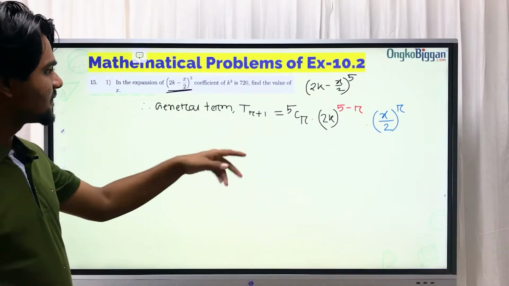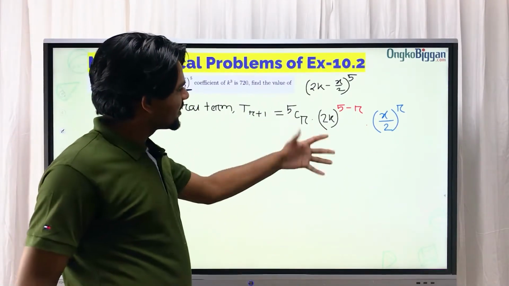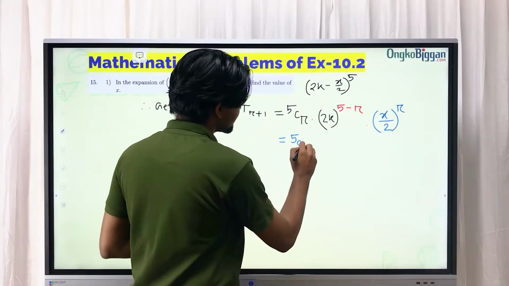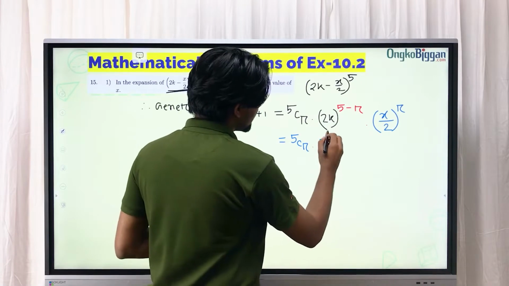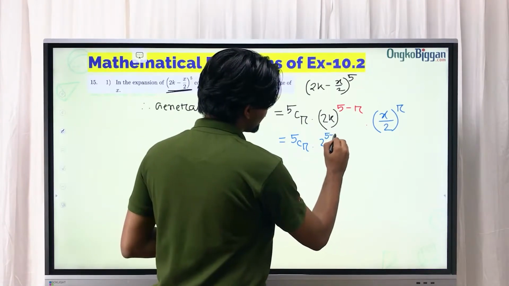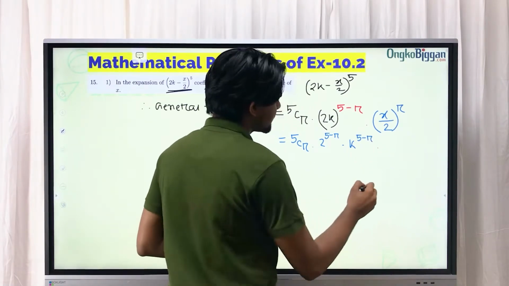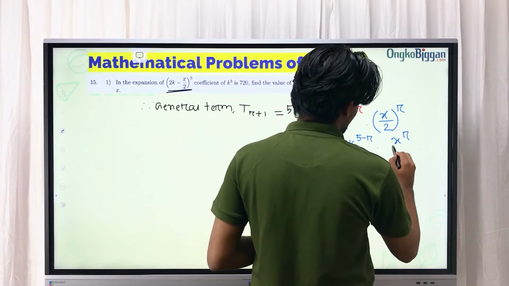So we got this. Let us simplify it more, so then we can easily find other values. So 5C r dot 2 to the power 5 minus r dot k to the power 5 minus r dot x to the power r by 2 to the power r.